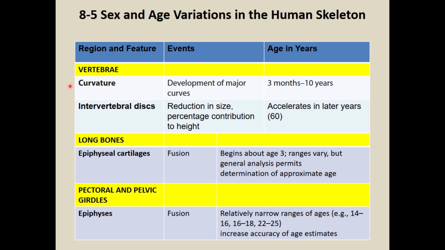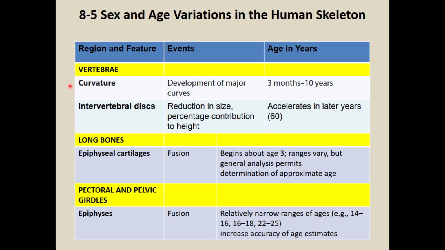That is because of the weight of the head on the cervical area, so this is a secondary curvature developing, and in the lumbar area, that is also a secondary curvature. That is because of the weight of the thoracic cavity, head, neck, and the upper limbs. So those two curvatures develop as the child starts sitting and walking.